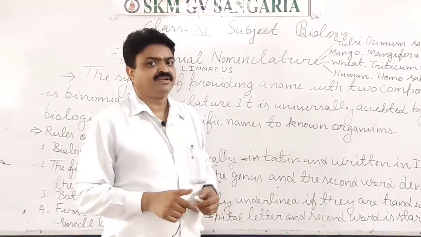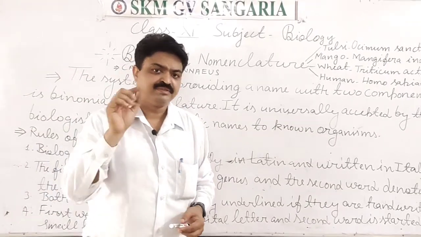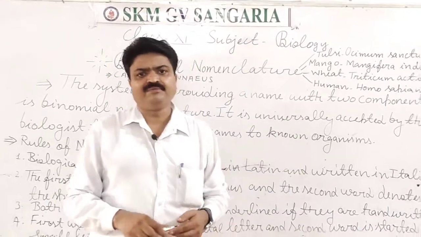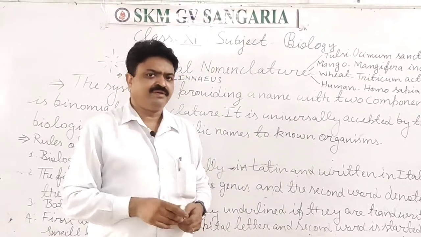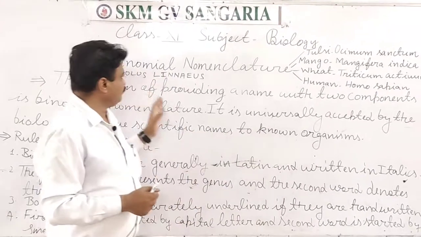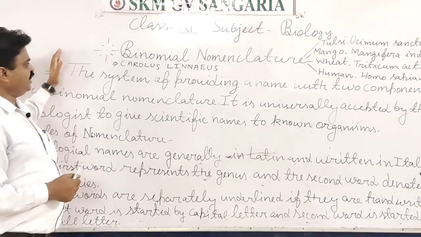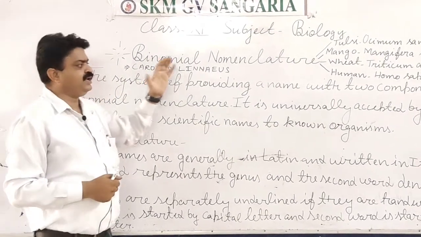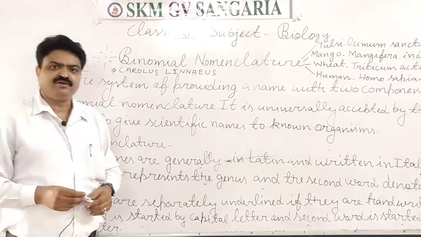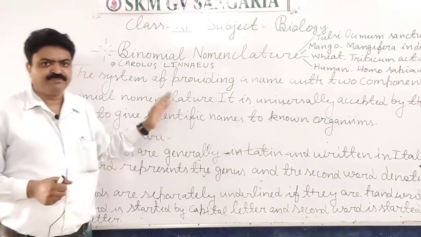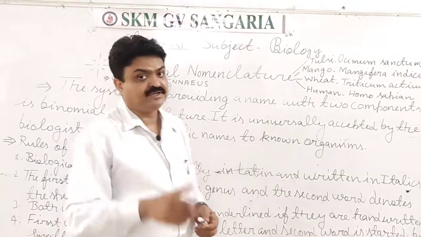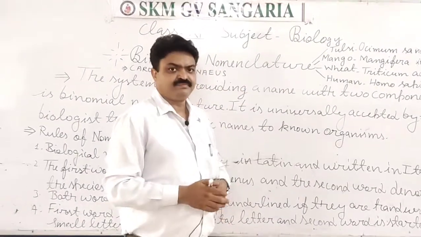We recognize it with the help of its name, and with the help of that name we give it recognition. So in biology, the system of providing a name with two components is known as binomial nomenclature, and this binomial nomenclature was given by the great scientist Carolus Linnaeus.